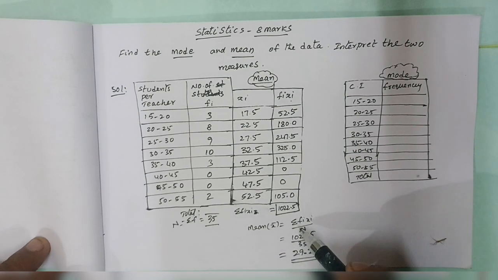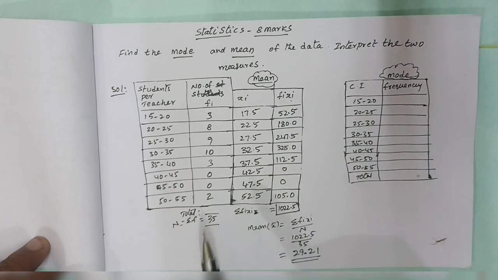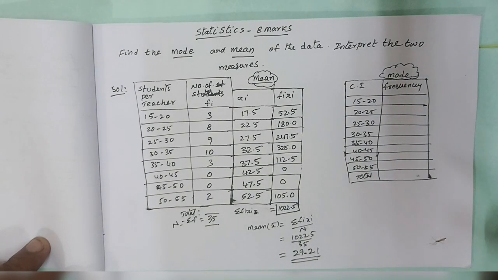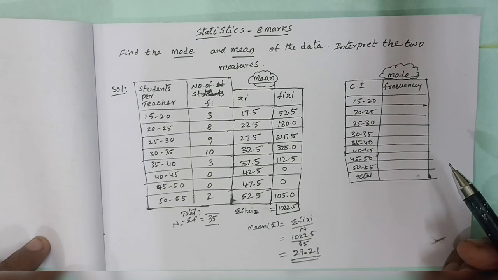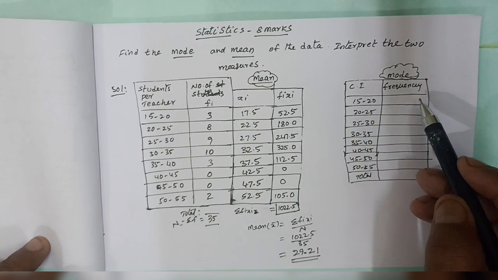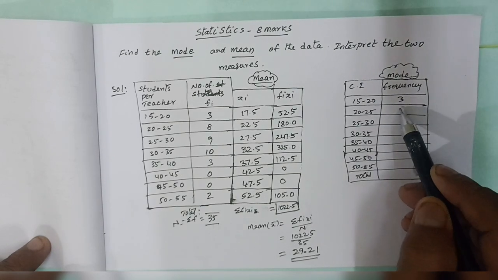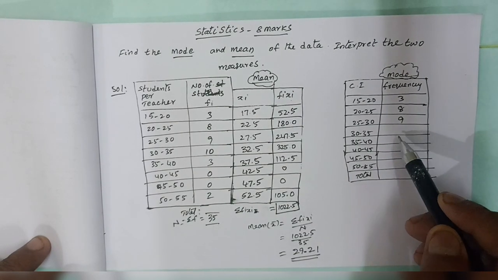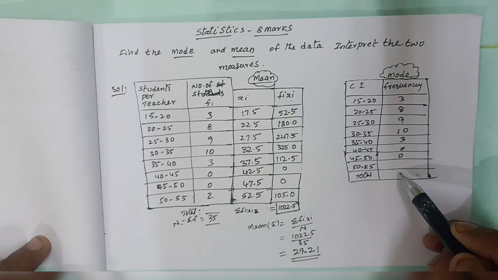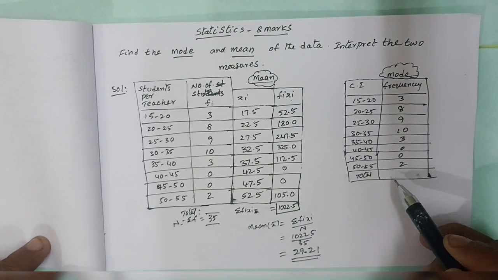This is the mean of the given data. Now we want to calculate the mode. Class interval and frequency: 3, 8, 9, 10, 3, 0, 0, total 35.